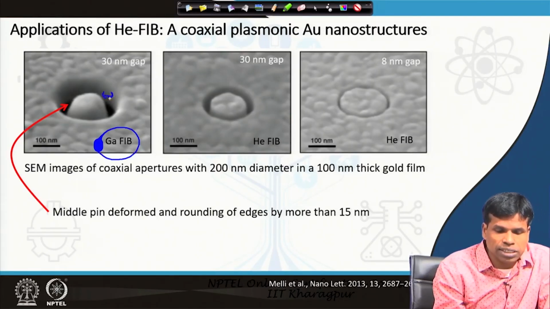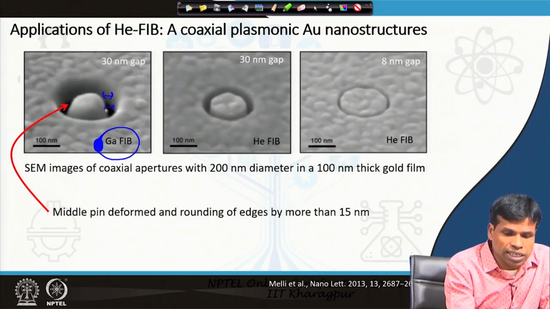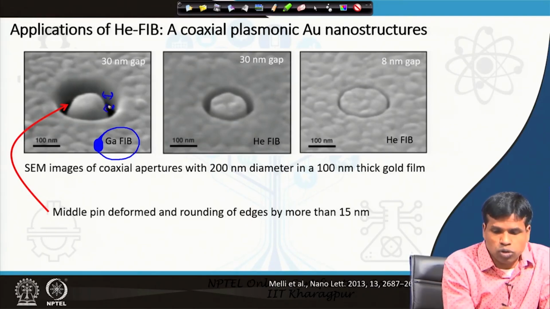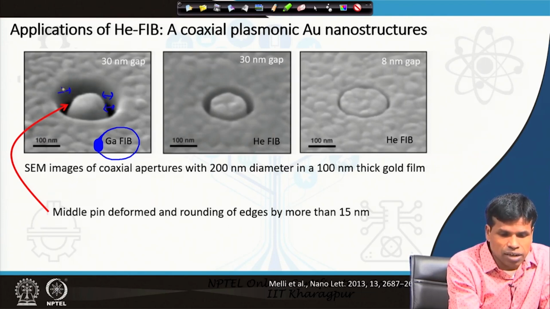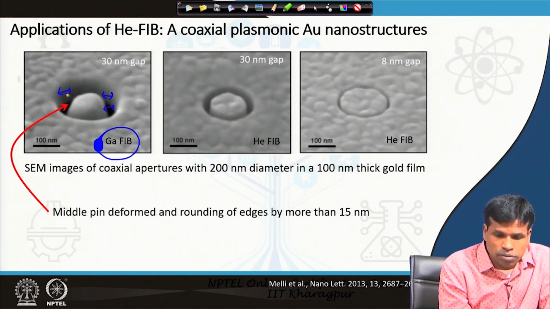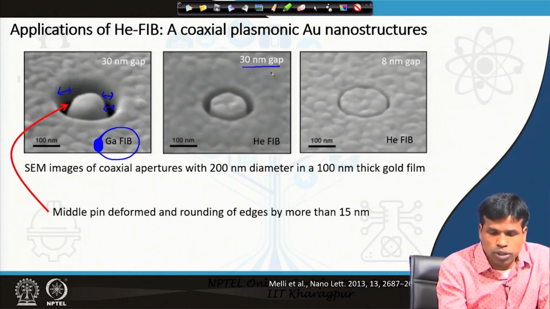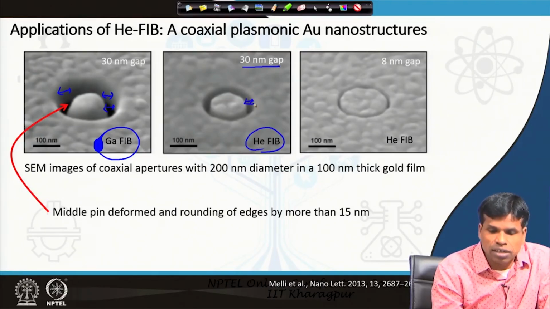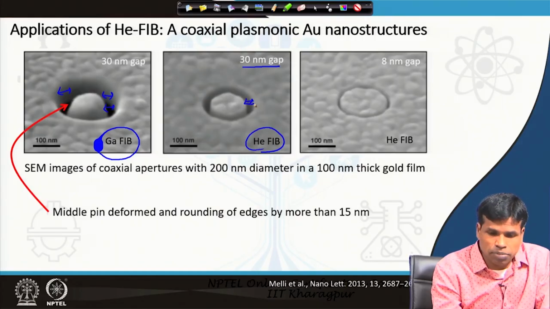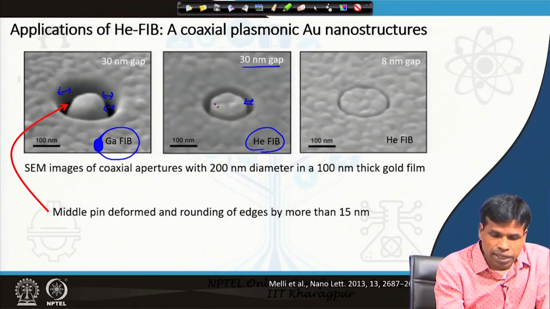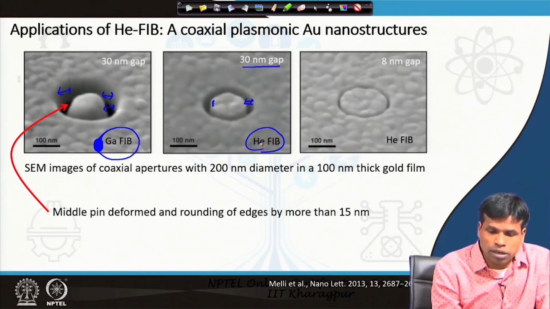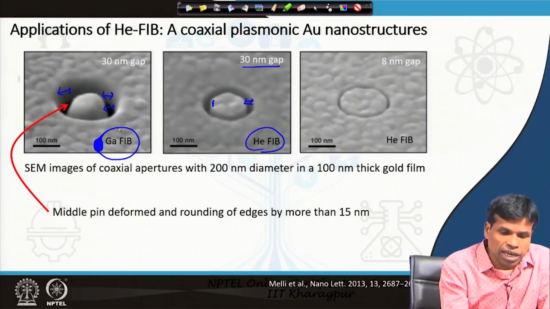Actually, the interest was to create a 30 nanometer gap, but it produced quite a larger gap with the gallium ion, as compared to the helium focused ion beam, which produces an exact 30 nanometer gap of this coaxial nanostructure, and the edge regions are quite sharp in the case of helium focused ion beam compared to the gallium focused ion beam.